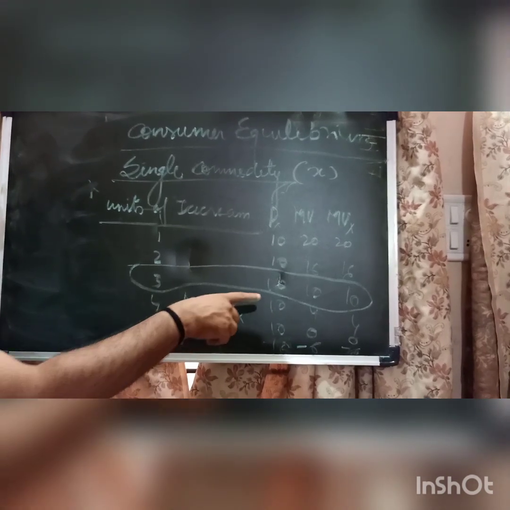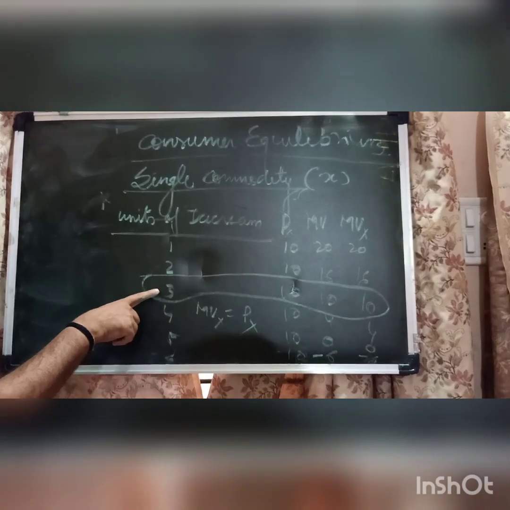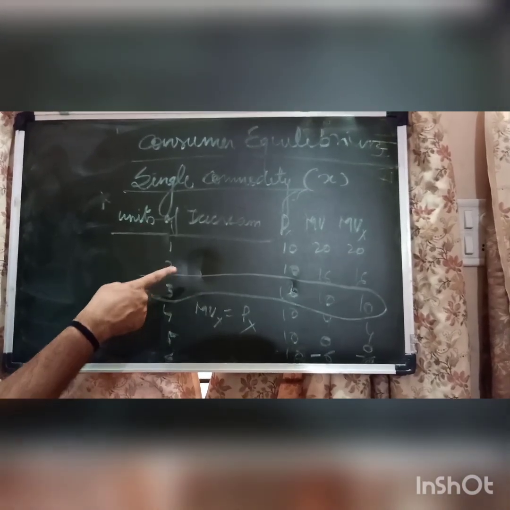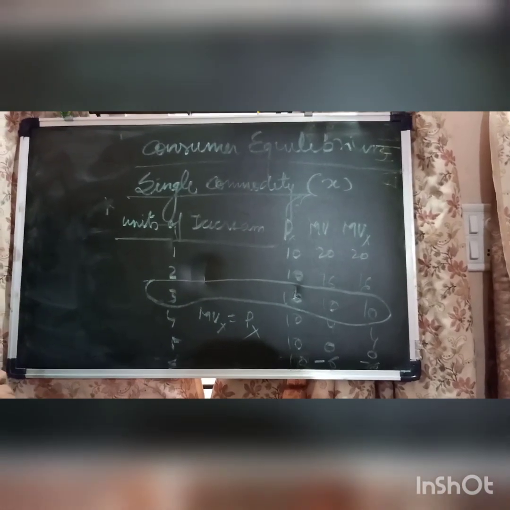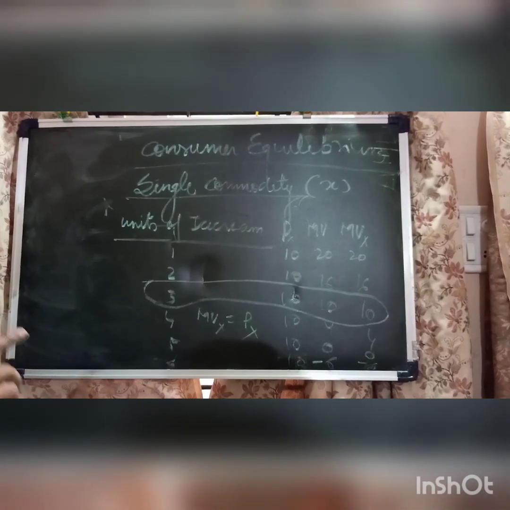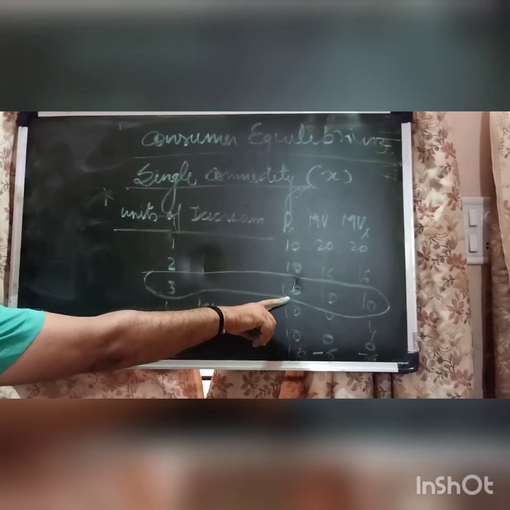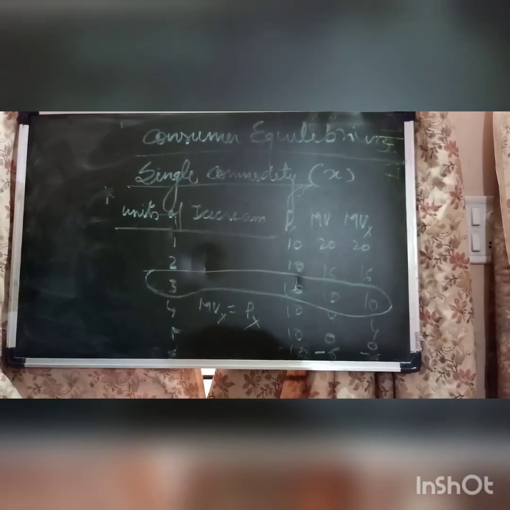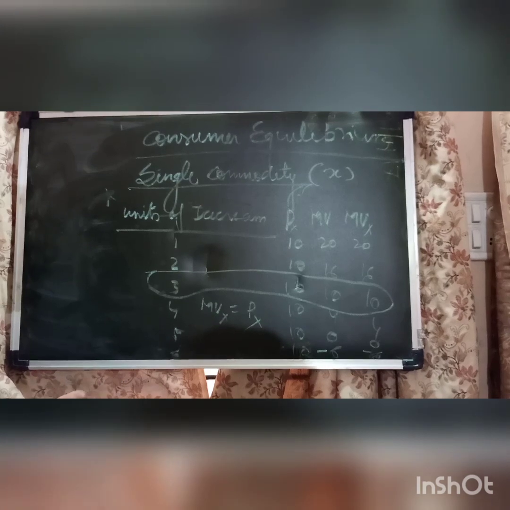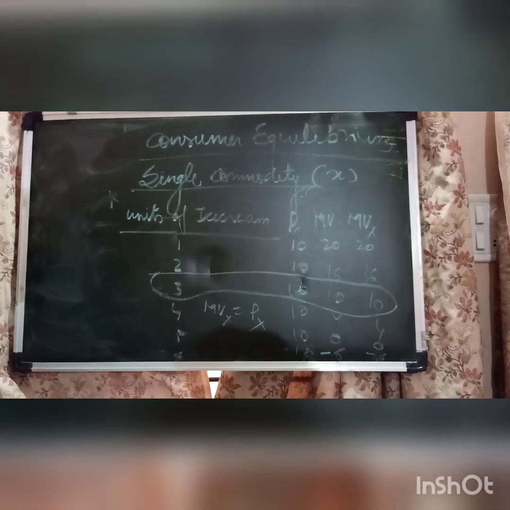So in this question, when a consumer will consume 3 units of ice cream, he will be in the stage of equilibrium. इसका मतलब उसके पास जितने पैसे हैं, उसकी डिजायर जो है वो 3 आइसक्रीम पर पूरी होगी, और जब आइसक्रीम 10 रुपए की है तब वो 3 आइसक्रीम खाएगा तो वो इक्विलिब्रियम की स्टेज में रहेगा. Understood?